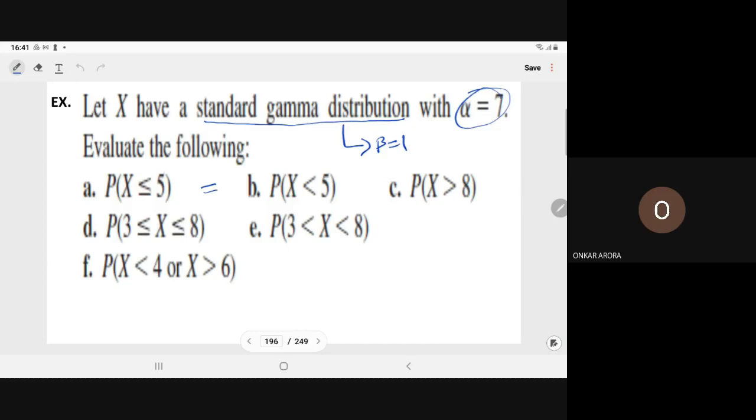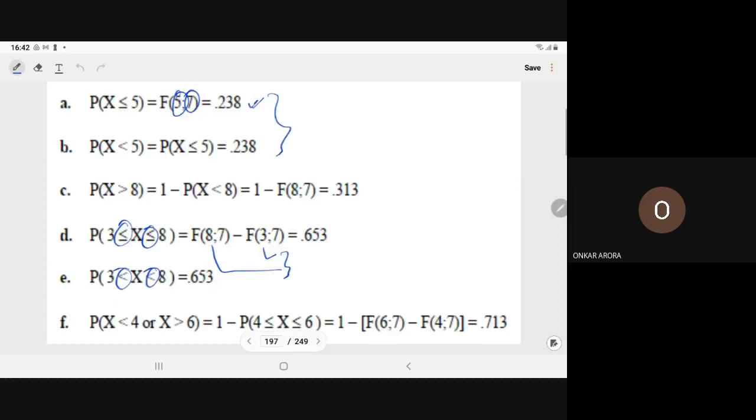Now find the probability of x less than 4 or x greater than 6. So it will be what? It is equal to 1 minus the probability that x lies between 4 and 6. And this can be written as F(b) minus F(a).